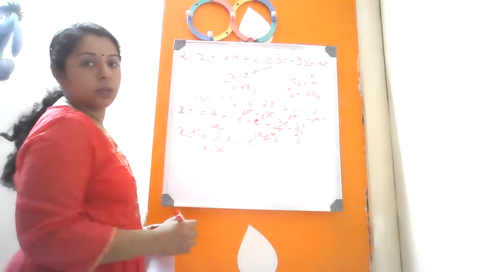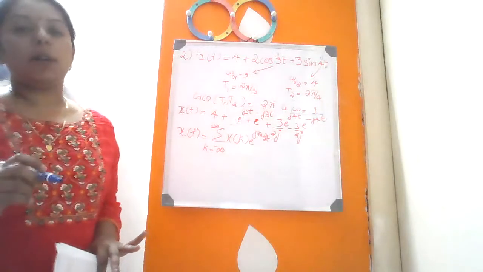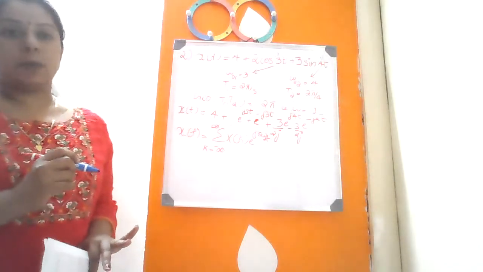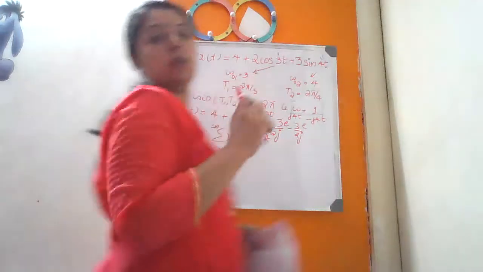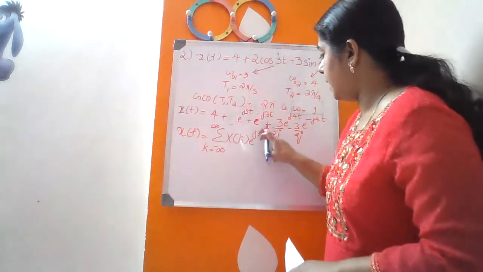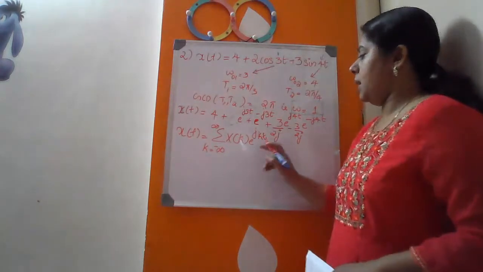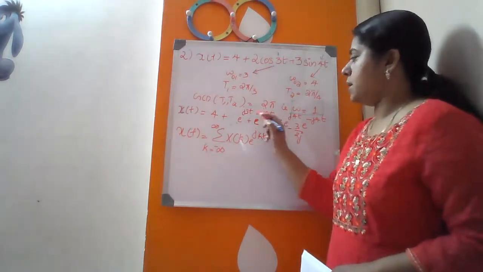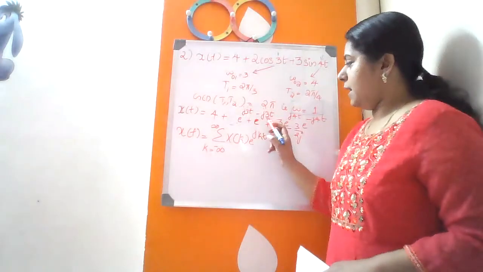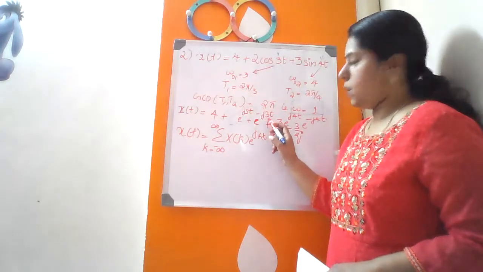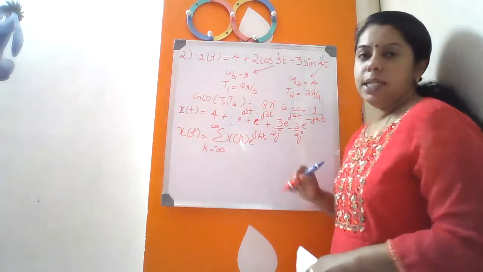We already got omega naught is 1, so I can directly write it as e power j k t. Now tell me what is the k value for this equation? It is 3. Similarly, for this equation it is minus 3. Here k value is 4. Here k value is minus 4.